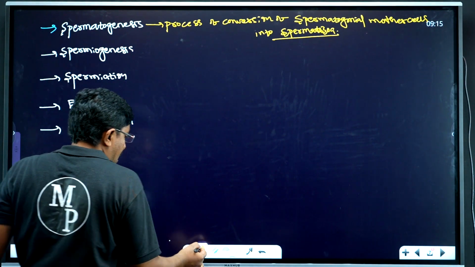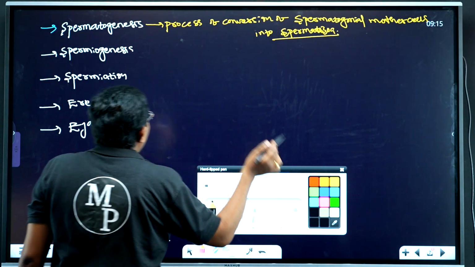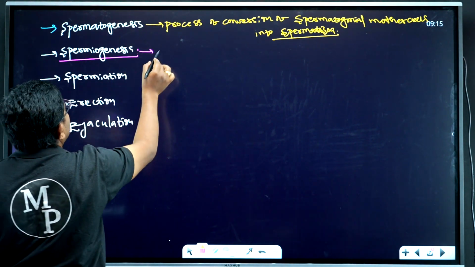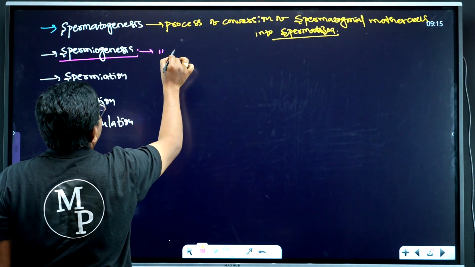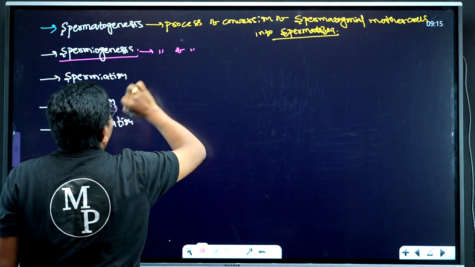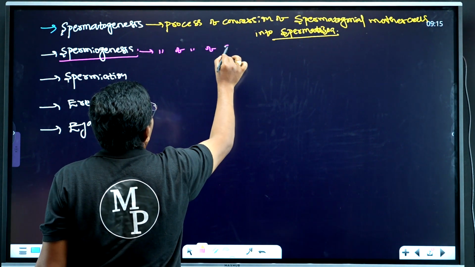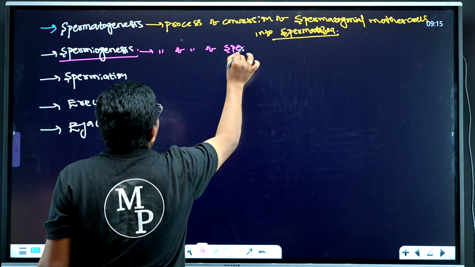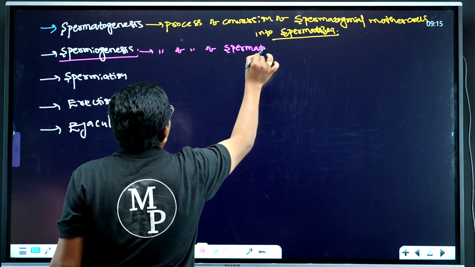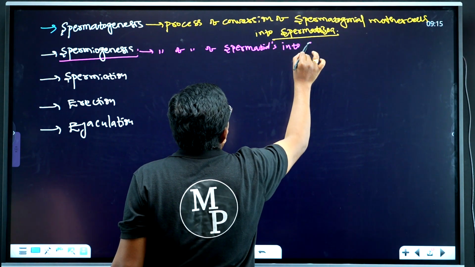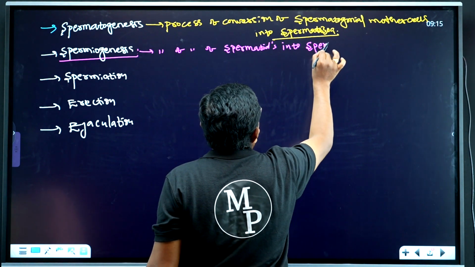Next, what is the meaning of spermiogenesis? Spermiogenesis means the process of conversion of spermatids into spermatozoa.